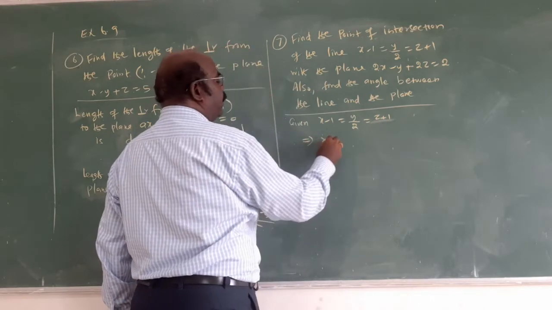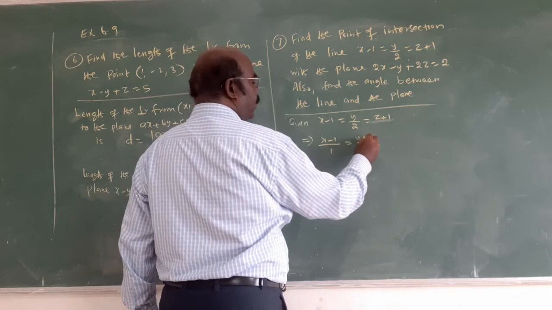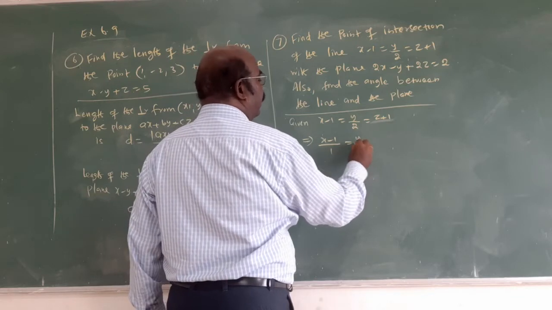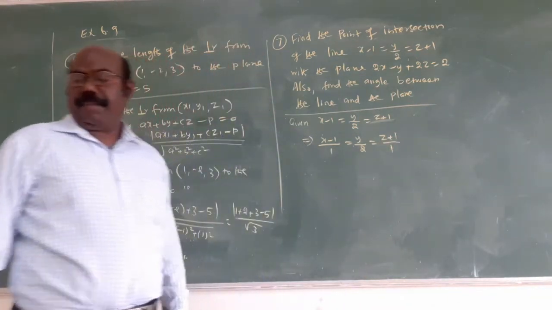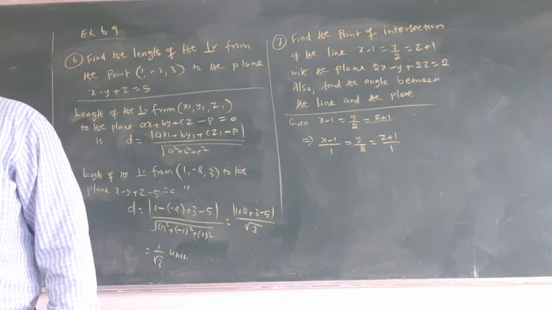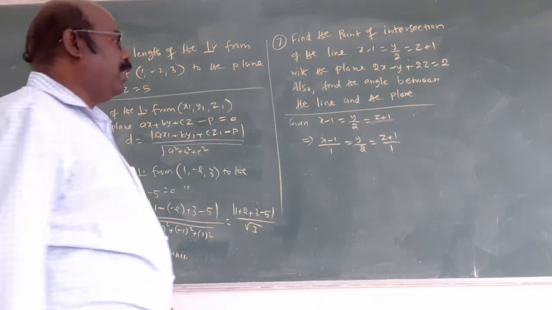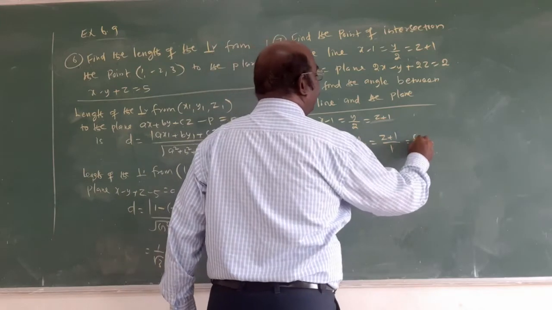This can be written as x minus 1 by 1, y by 2, z plus 1 by 1. Denominator with no number means it is understood as 1. Now it is equal to s or t.